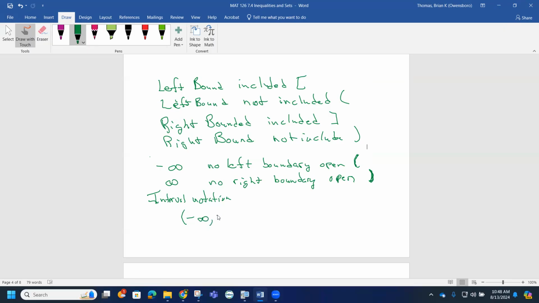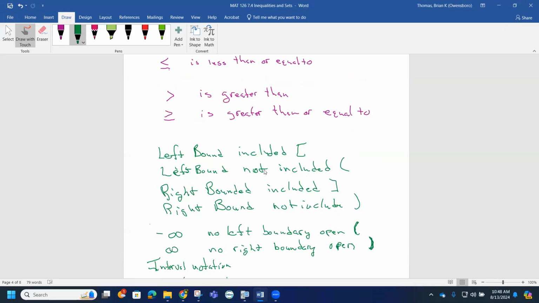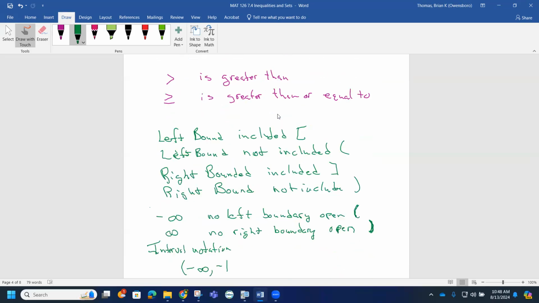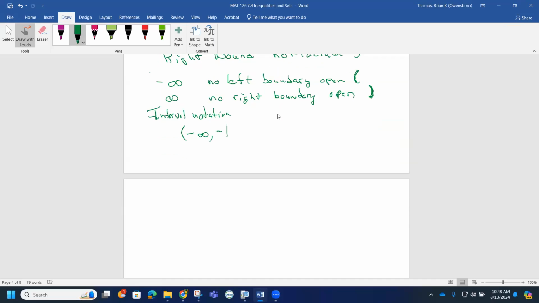And then we do have -1 as our right boundary, but notice how the -1 is not included. It's only the numbers less than -1. Since it's not included, we use a parenthesis there to say not included.